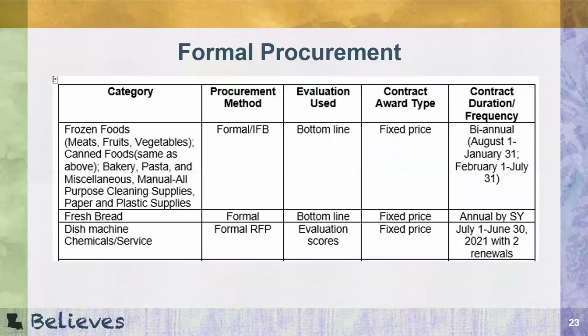So let's look at the chart for that. Now this SFA is getting all of their food products, cleaning supplies, paper, and plastic from one company. And so they're going to do a formal IFB because the price is the most important thing.